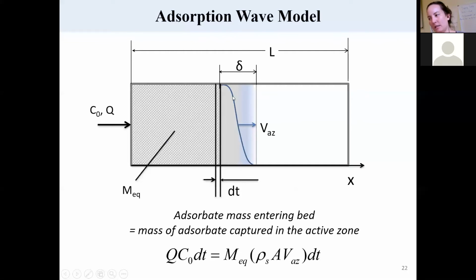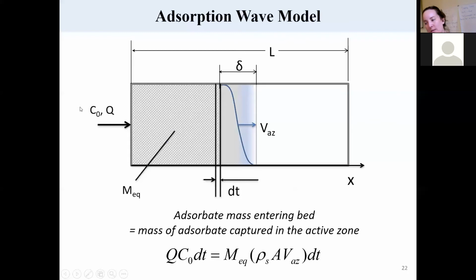and here it's decreasing, where the adsorption wave occurs, and over time this wave is moving to the right, step for step. So the mass balance says we have this much stuff going into the filter, into this slice.